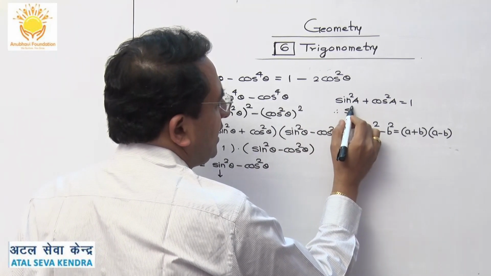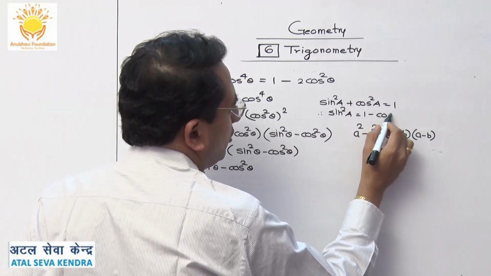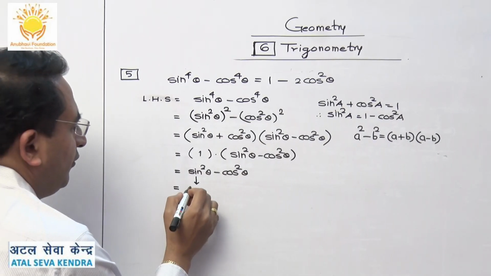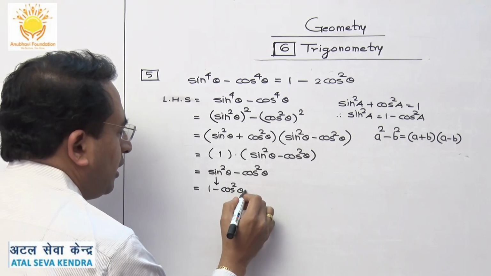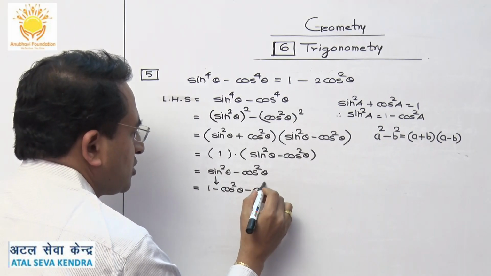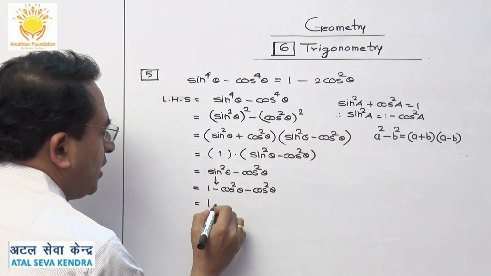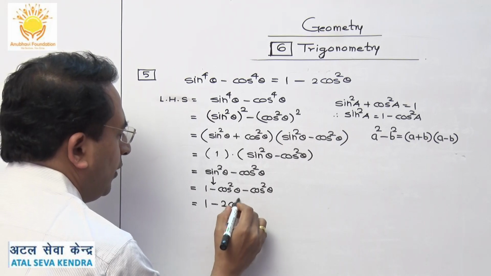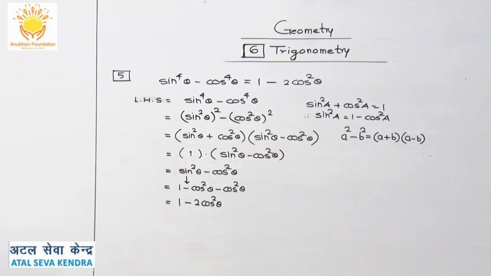Therefore, sin square A is equal to 1 minus cos square A. So we are writing 1 minus cos square theta minus cos square theta. This is 1 minus 2 cos square theta. This is what we want on the right side.